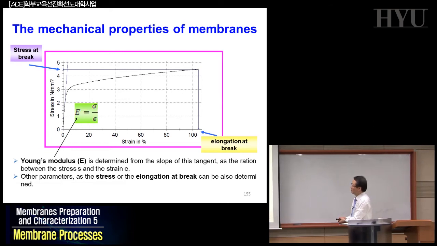In most of the polymeric materials, you can observe the yield points because of the plastic behavior of the nature of the polymers. The polymer shows elastic property and also the plastic property.